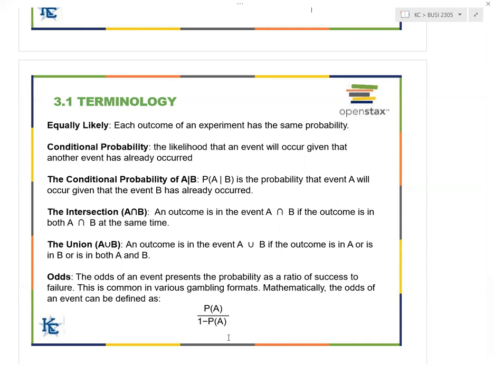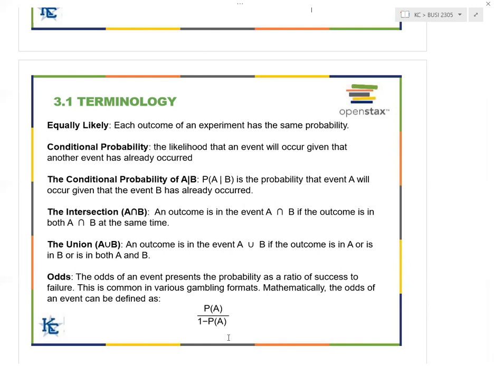Conditional probability is the likelihood that an event will occur given that another event has already occurred. For conditional probability, you'll see that I have two definitions here. The first definition explains what conditional probability is. The second one shows the mathematical notation for it.